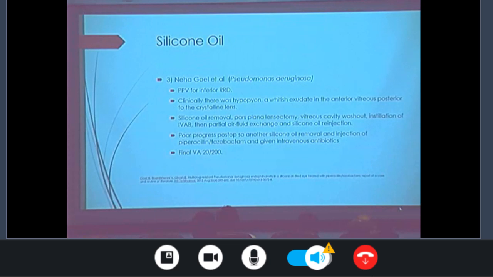Unfortunately, this patient didn't progress properly, and when they got the results of their sensitivity back, they decided to go in, remove the oil, and inject antibiotics that had been shown to be sensitive for the bacteria in this case. And finally, his visual acuity was pretty decent considering, at 20/200.